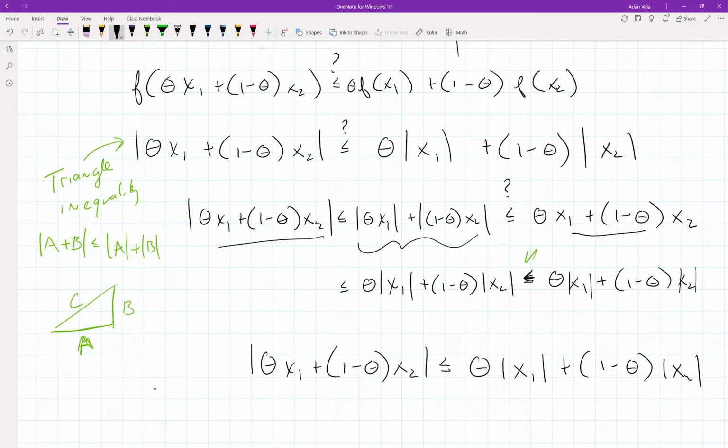So there goes our proof that the absolute value of x is convex, and we did that using the triangle inequality. Just a little trick.